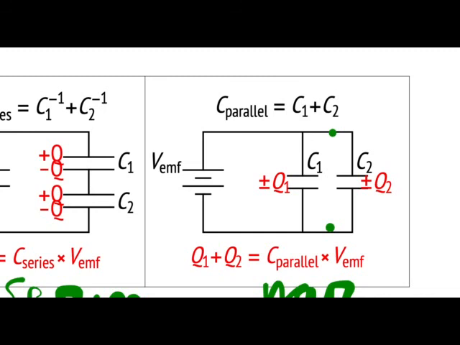Another way to look at this is to imagine when you first connect the capacitors, some current flows from the battery to the top plate of C1 and from the bottom plate of C2 back to the battery.